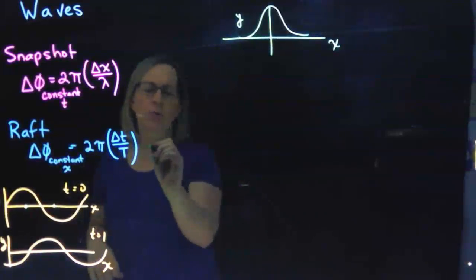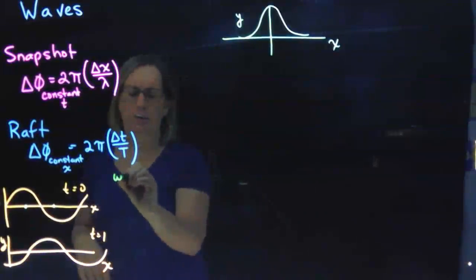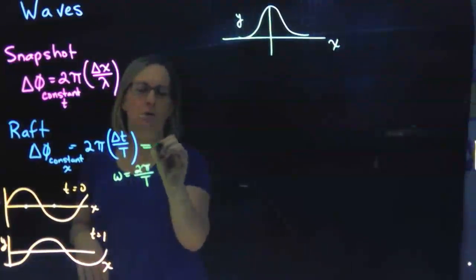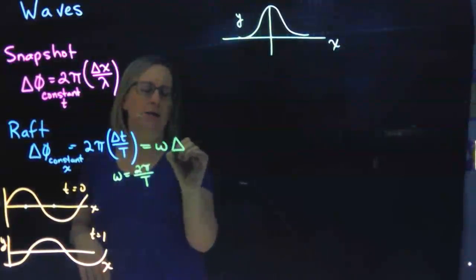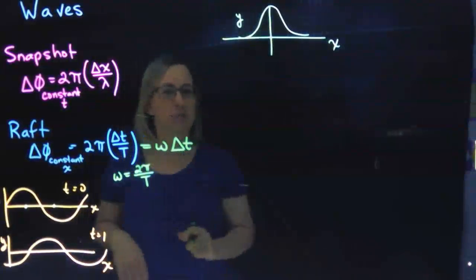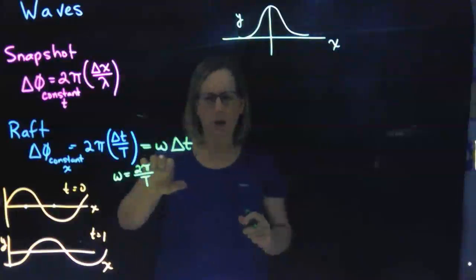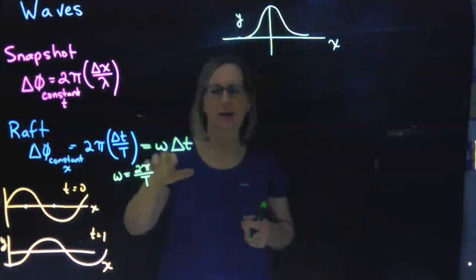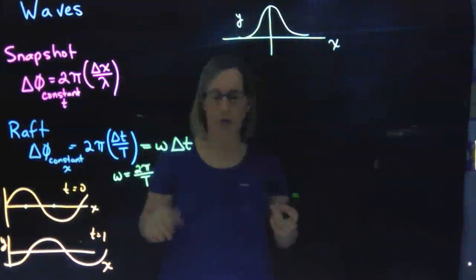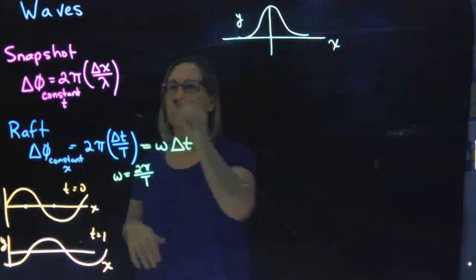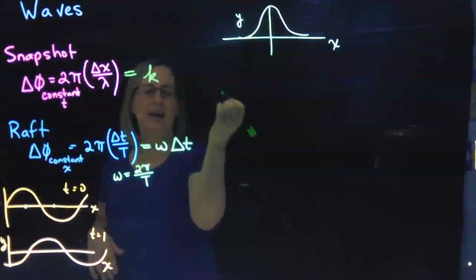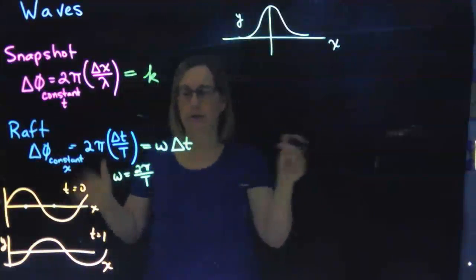Now we often rewrite this, taking advantage of the fact that omega is equal to 2 pi over the period, and so we can write this as omega times delta t, and that's the phase shift. So the omega takes into account the radians per second times seconds, so we're left with radians. Similarly, we define something called our wave number, k, not our spring constant.